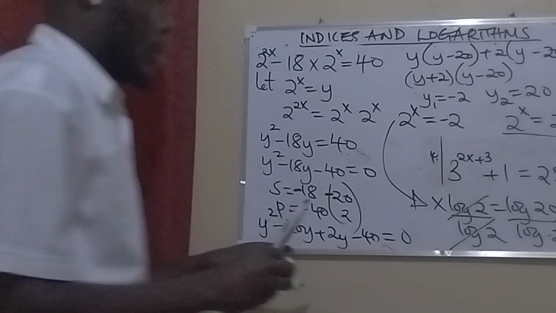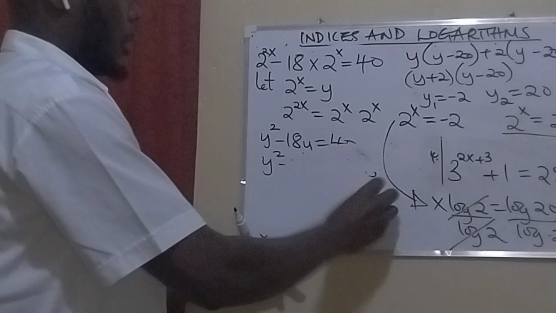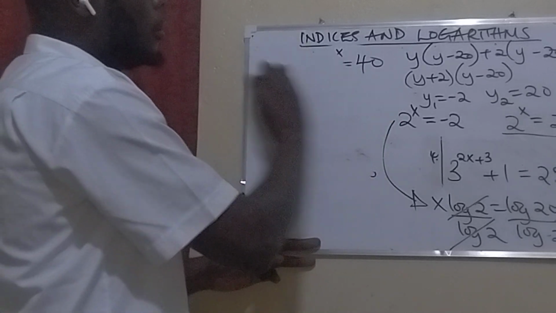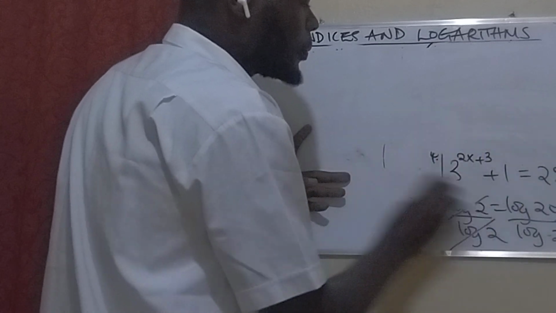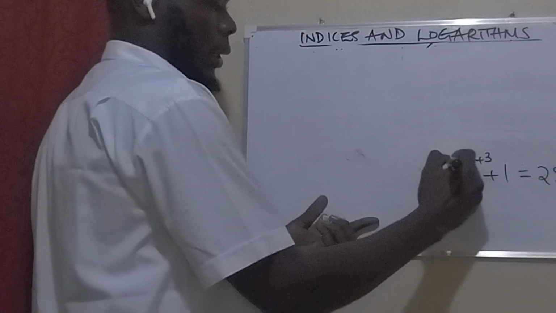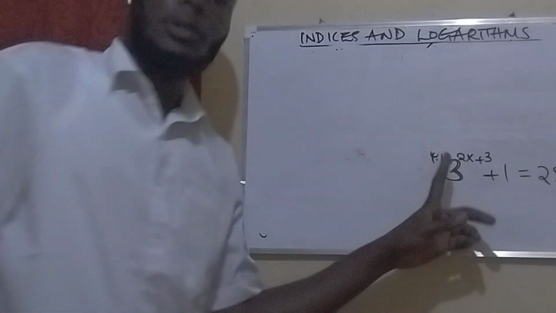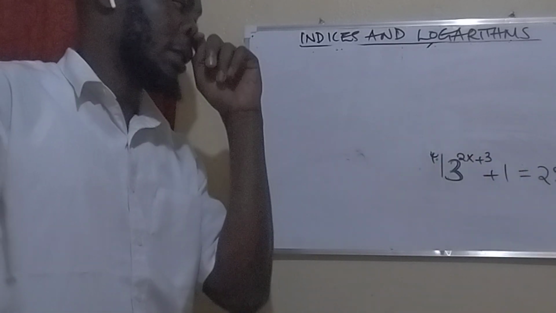Then the last question again is about indices. We have 3 raised to power 2x plus 3 plus 1 equals to 28.